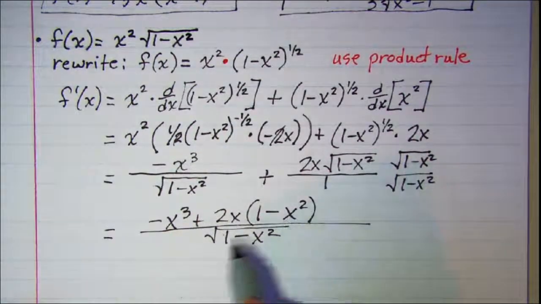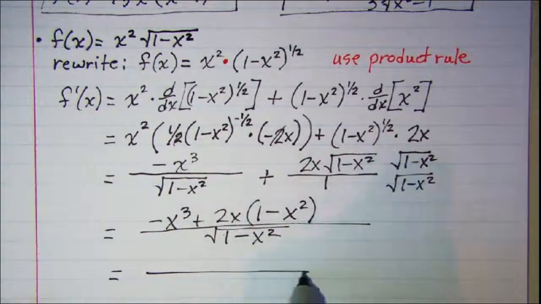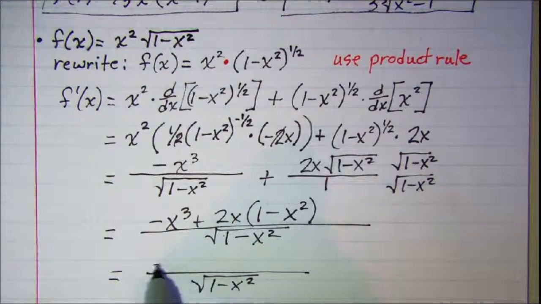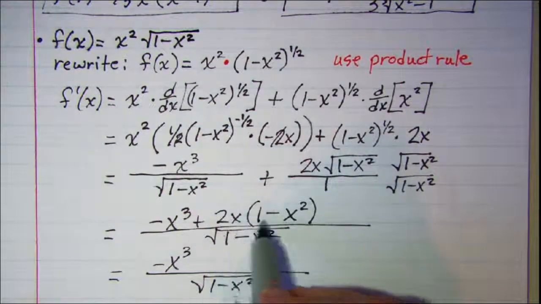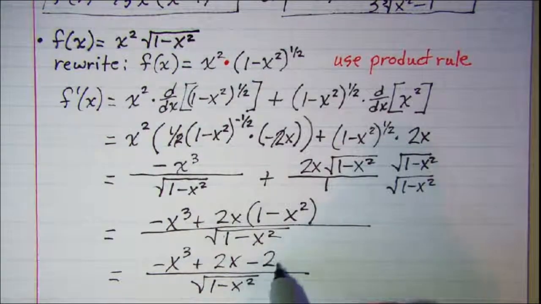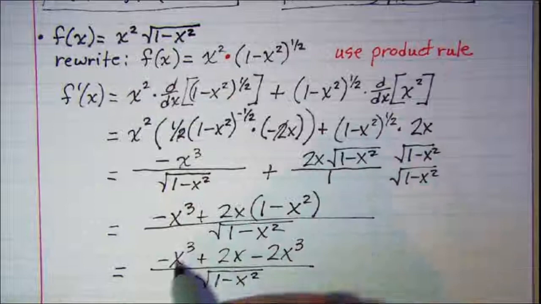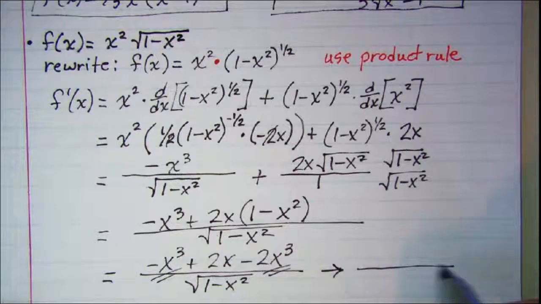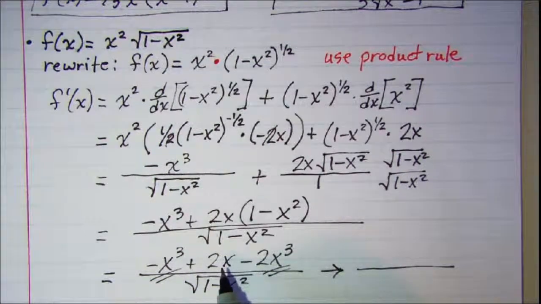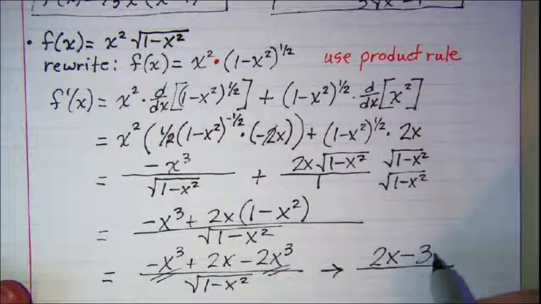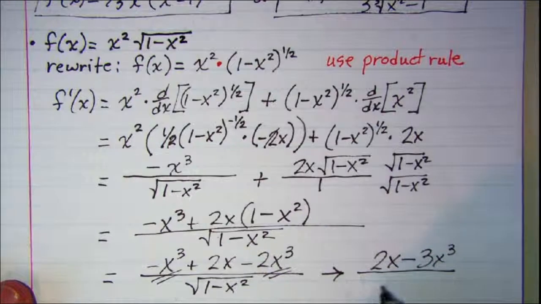So let's distribute this 2x. Negative x cubed plus 2x minus 2x cubed. Now I can put these terms together, and this will give me 2x minus 3x cubed over the square root of 1 minus x squared.